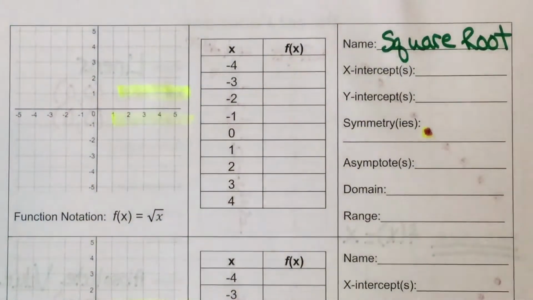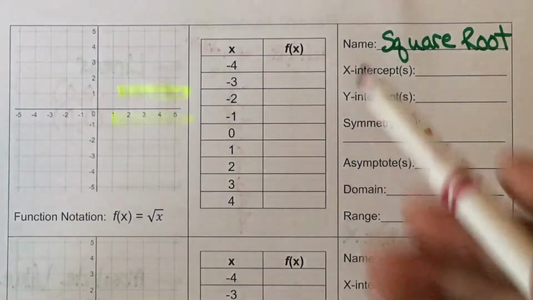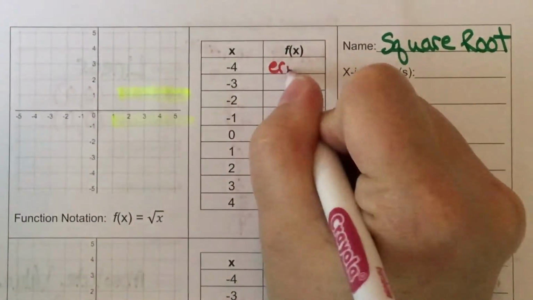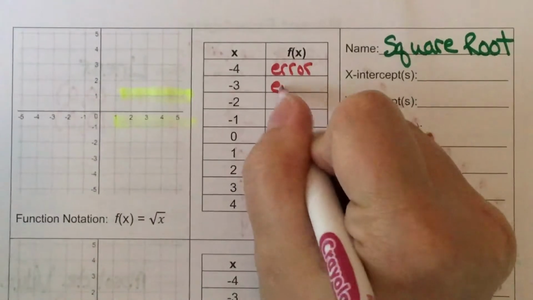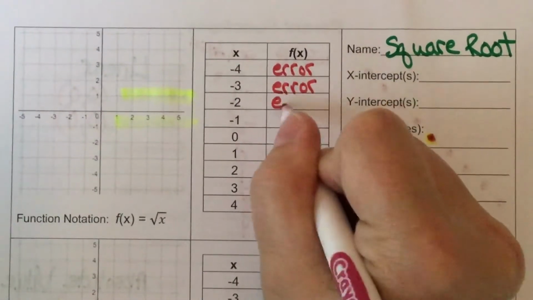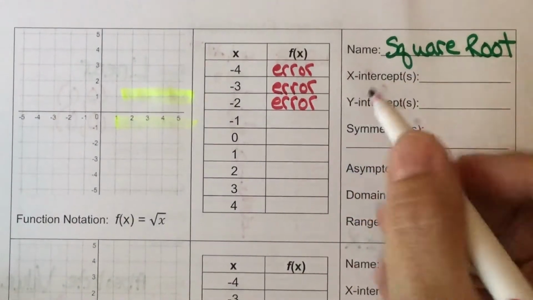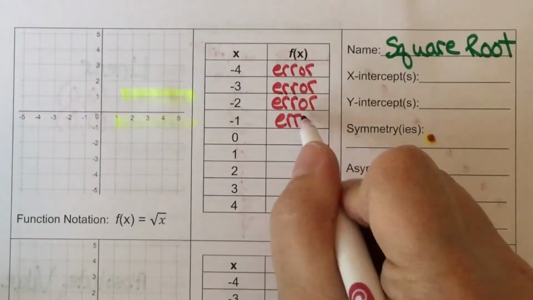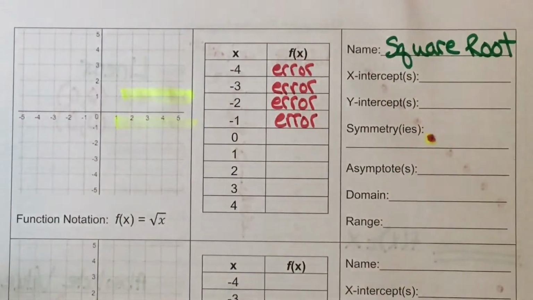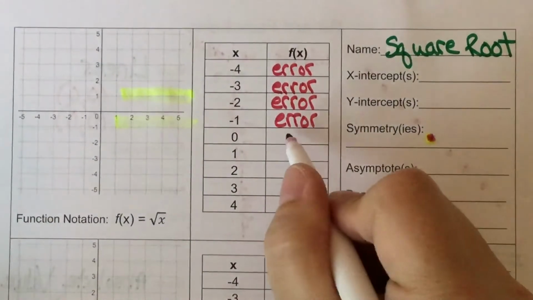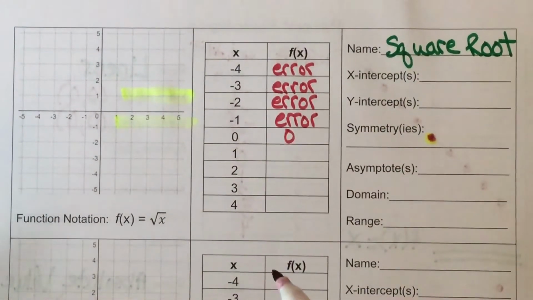So I've got -4 says error, -3 says error, -2 says error, -1 says error. Okay, 0 says 0. The 1 says 1.